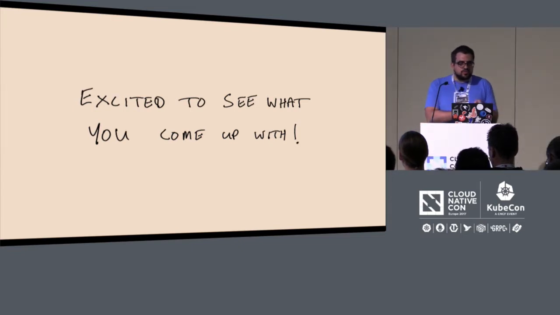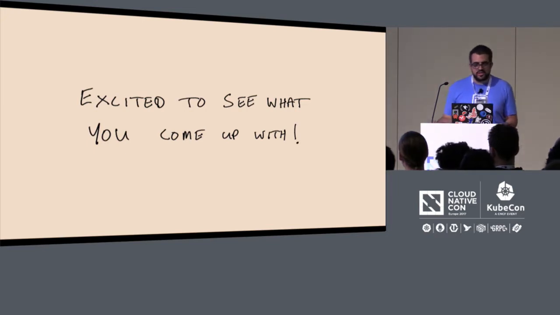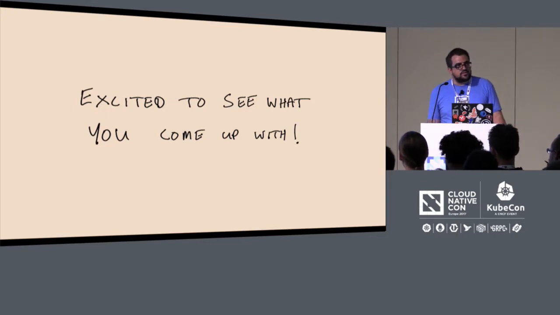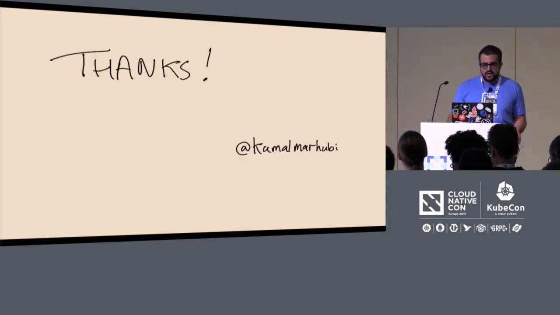I don't have to have a Postgres or anything to store the state for all of these things. It's all managed by Kubernetes for me. I really hope you'll think about different things you can do by taking this really complex engine that has a relatively nice interface that is Kubernetes and come up with other cool things built on top of that. So yeah, thank you very much for listening.